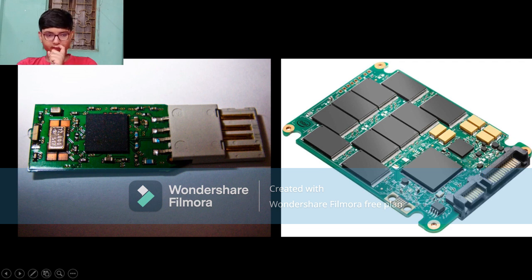A pen drive has a PCB, memory cards and components. An SSD has many more memory cards because your pen drive is of 32 to 64 GB, so it can be supported in one memory card.